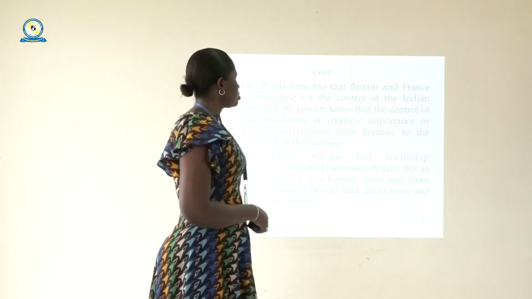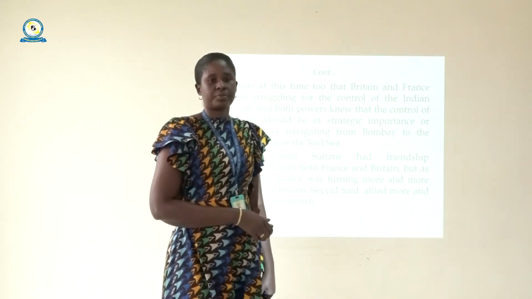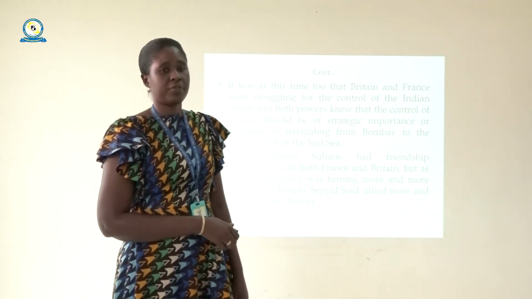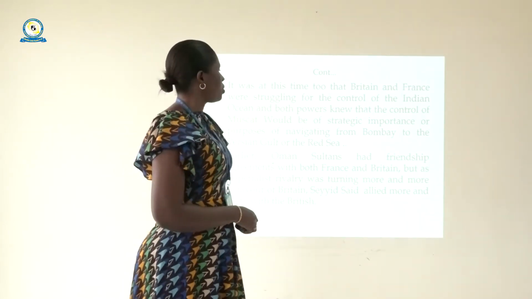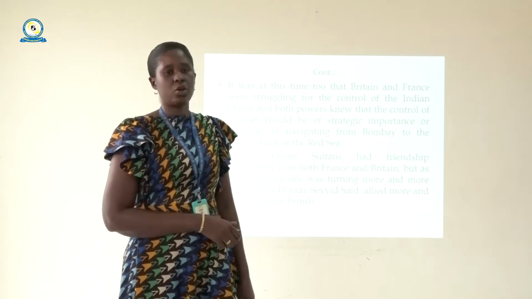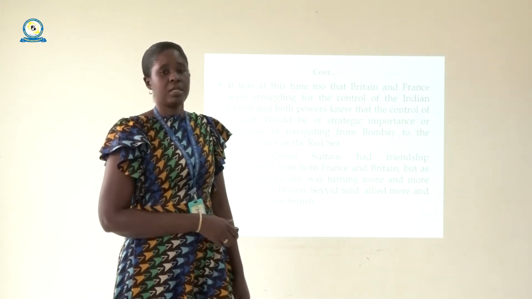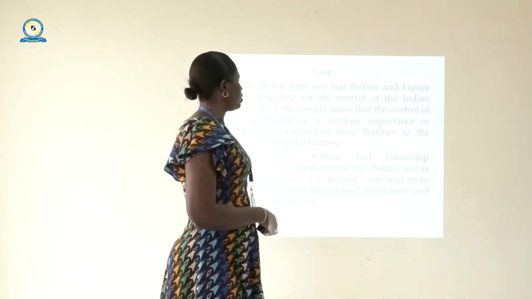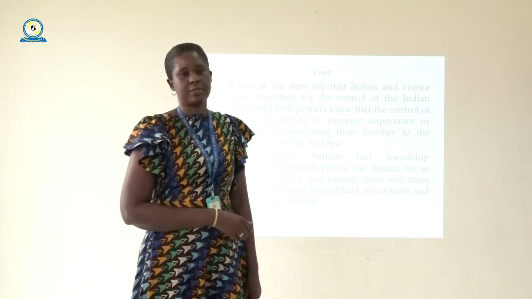We are also told that it was at this time when Britain and France were struggling for control of the Indian Ocean, and both powers knew that control of Muscat would be of strategic importance.